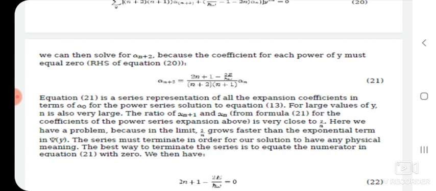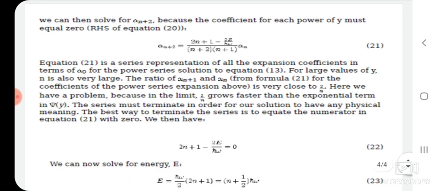Okay, the series must terminate in order for our solutions to have any physical meaning. The best way to terminate the series is to equate the numerator in equation 21 with 0, and then only it can be valid.